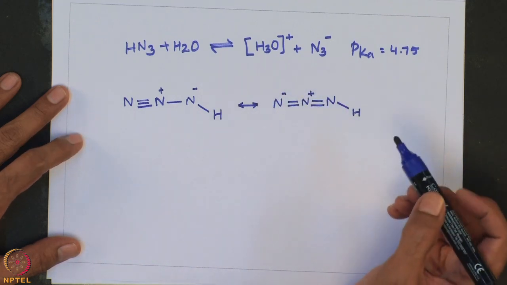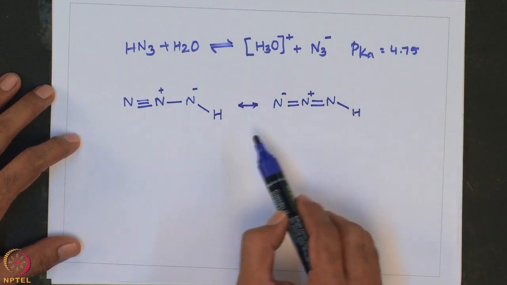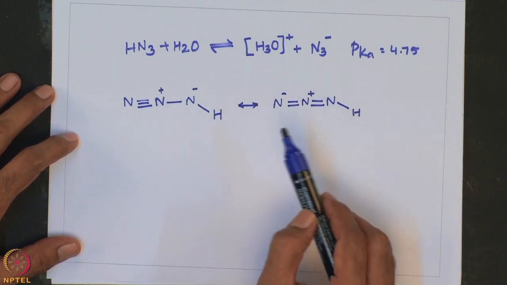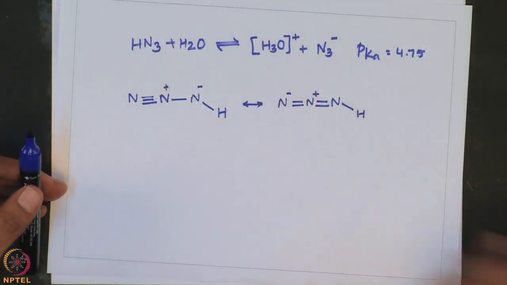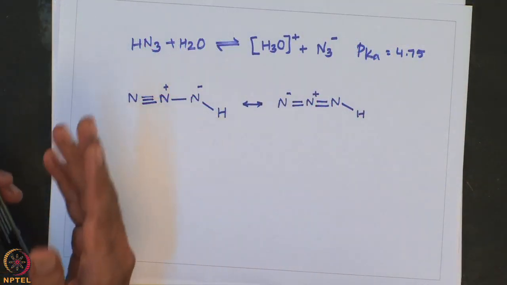The linear azide N3 minus can be formed by deprotonation of hydrazoic acid and is symmetrical with two identical NN bonds with a distance of 116 picometer. Of course, the azide ion is also called a pseudo halogen because of its similarities to halides.